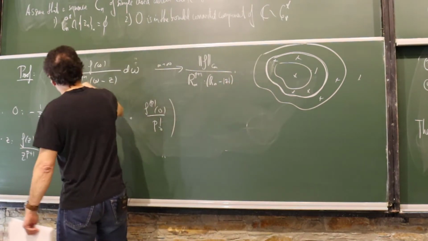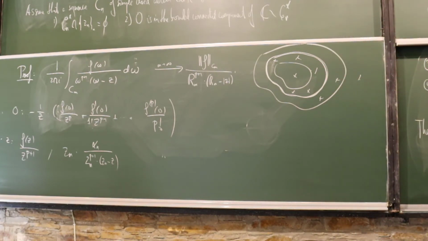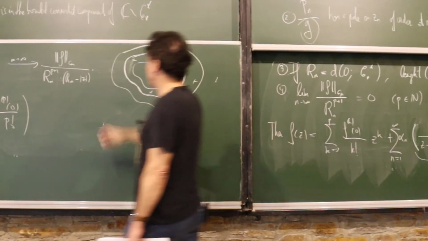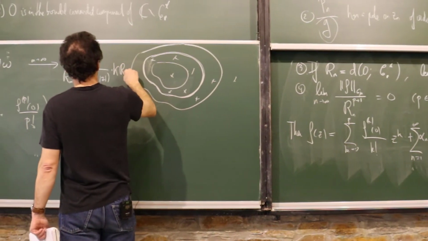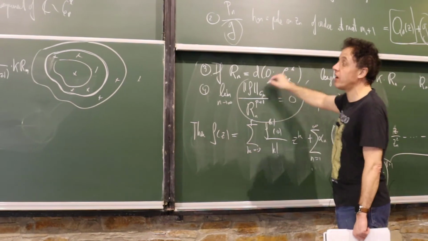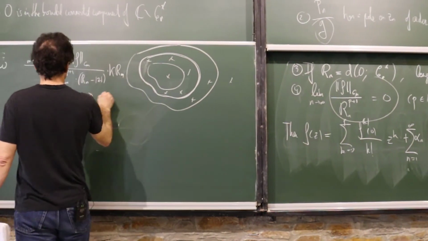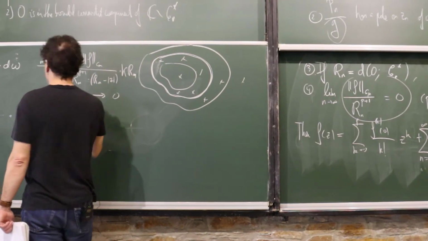And we also have the length of the curve, which is bounded by some constant times Rm. Using this fact and working a little bit, it's quite easy to show that this term tends to 0 when m tends to infinity.